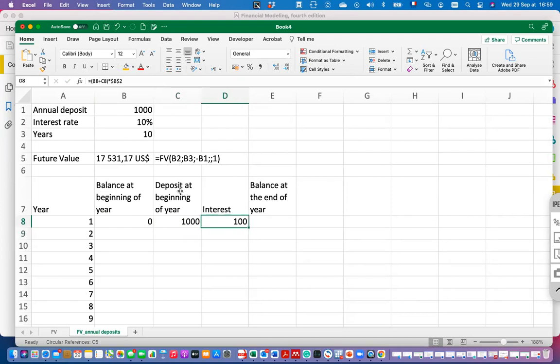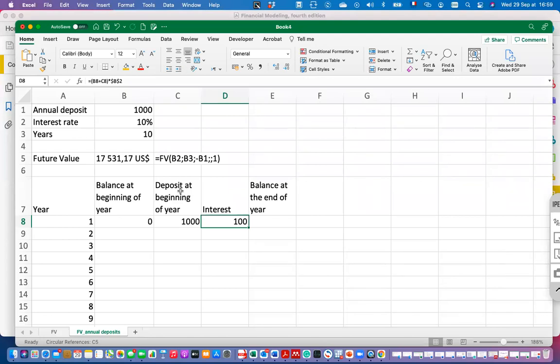So B8, open the parentheses, B8, which is the balance at the beginning of year, plus C8, the deposit at the beginning of year, and close the parentheses, times the interest rate. And since the interest rate is constant, you have to add the dollar sign. And this is the main difference compared to the previous exercise.